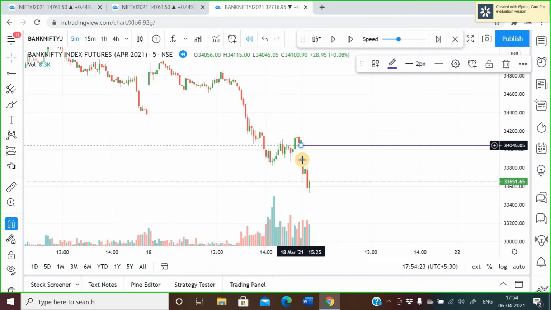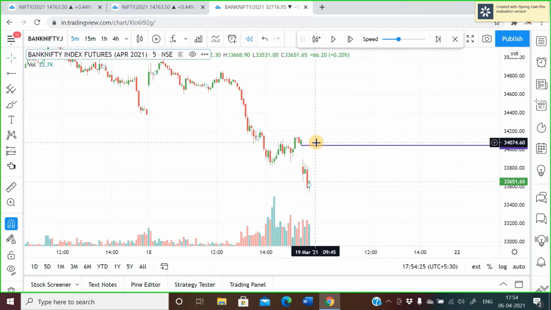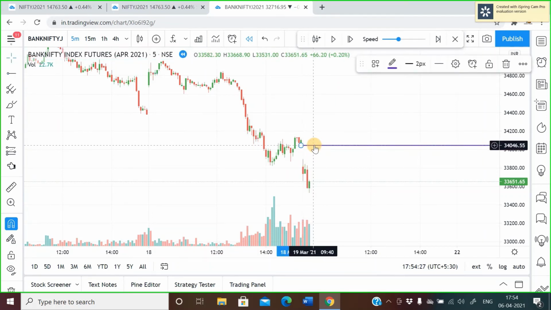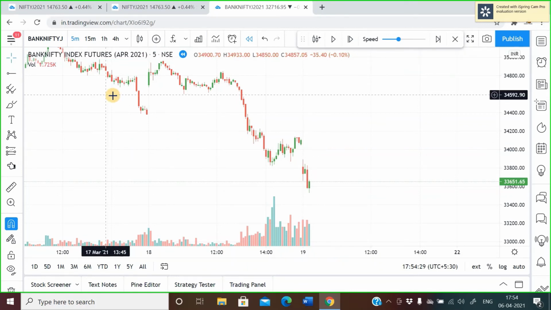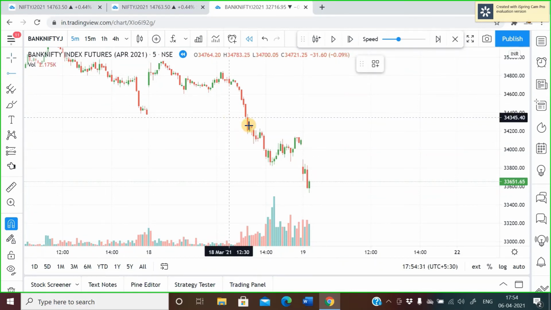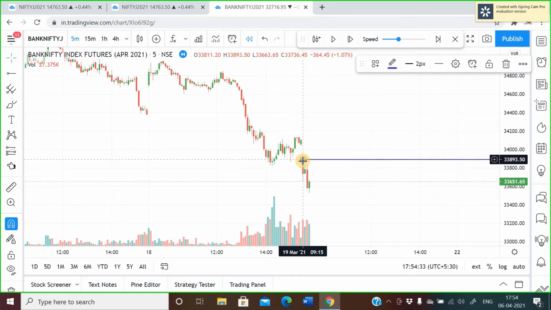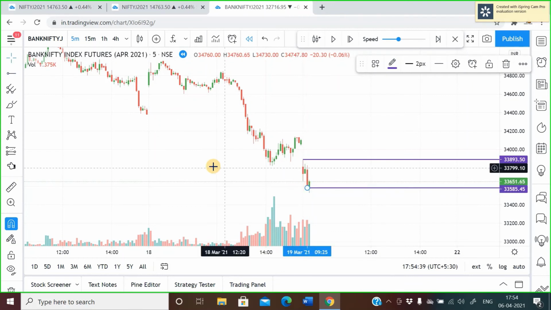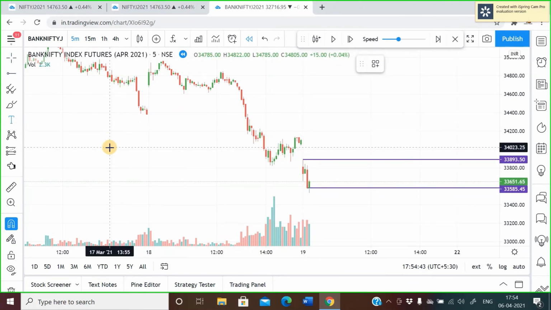This is the first 15-minute high, and this is the first 15-minute low. Let me put it in text also so that it acts as a reference point.